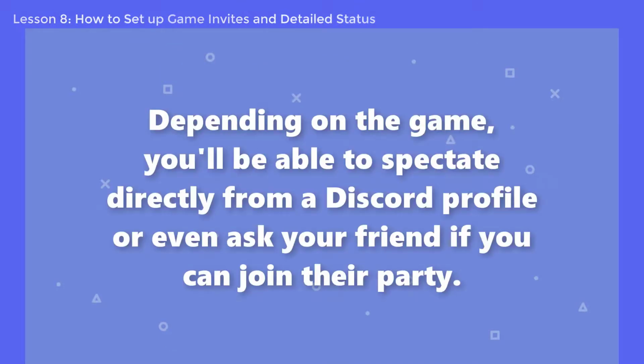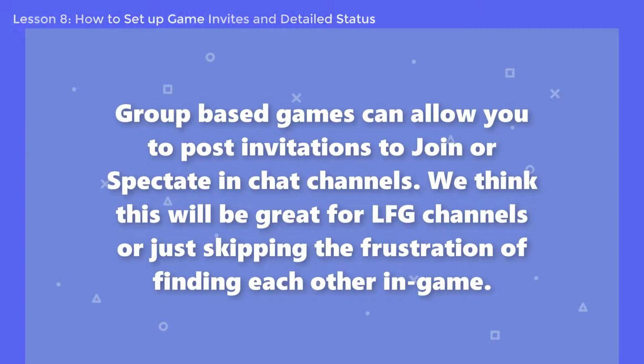First, depending on the game, you'll be able to spectate directly from a Discord profile or even ask your friends if you can join their party. Second, group-based games can allow you to post invitations to join or spectate in chat channels. We think this will be great for LFG channels or just skipping the frustration of finding each other in-game.